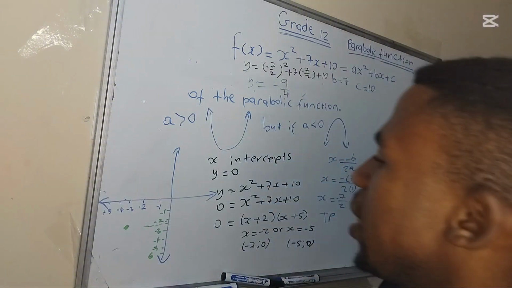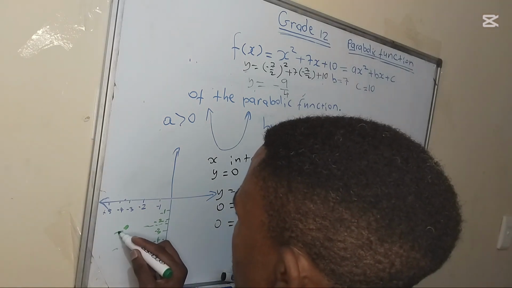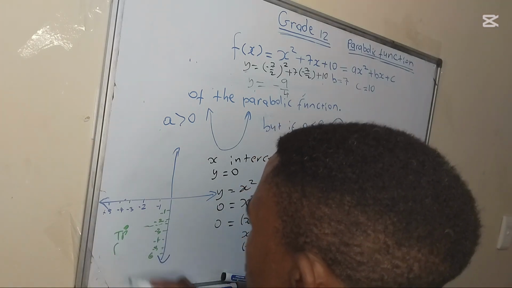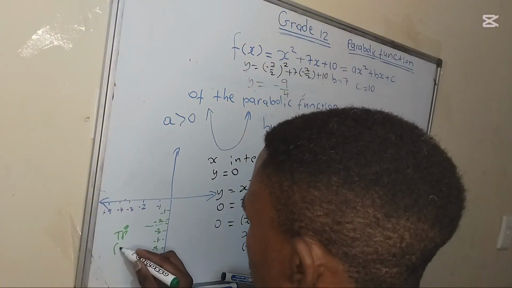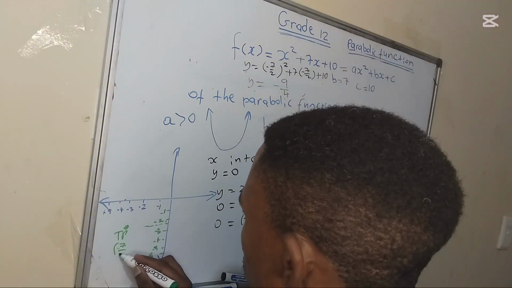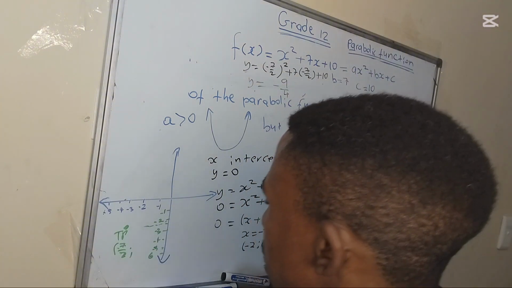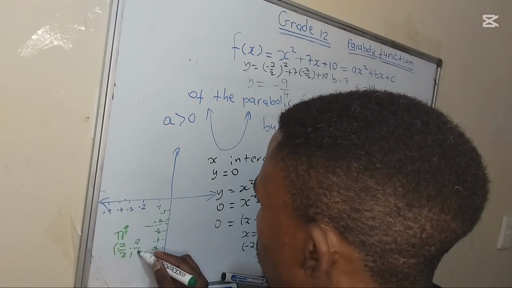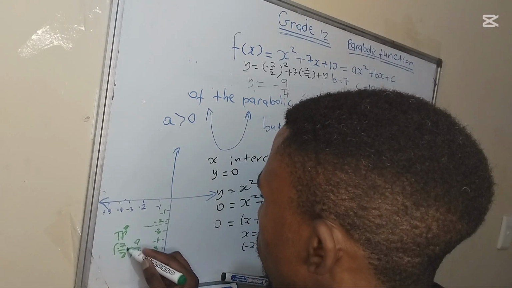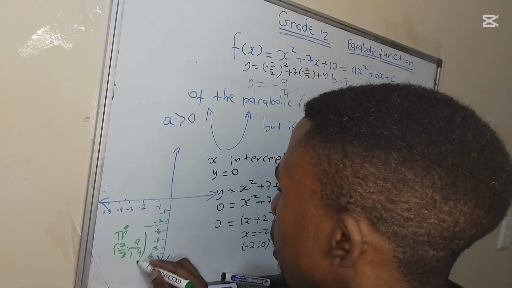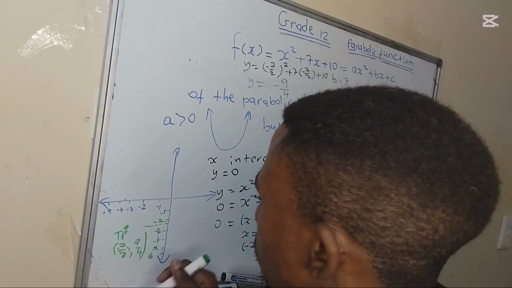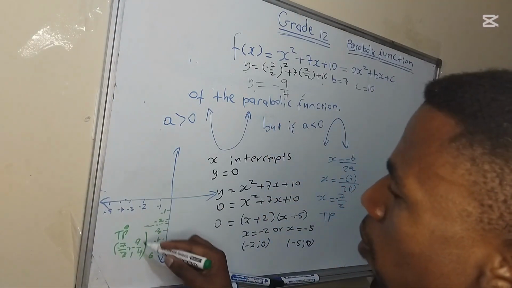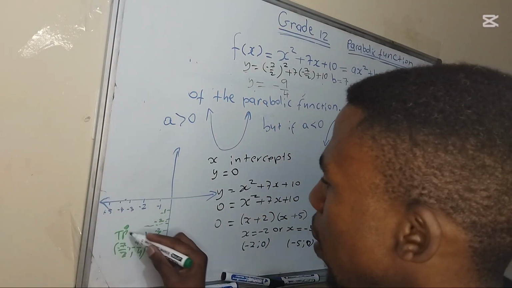So this will be our turning point. The coordinates of the turning point are negative 7 over 2, negative 9 over 4. Then this will be our turning point.